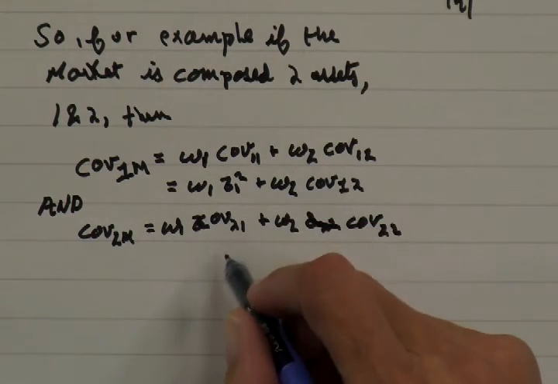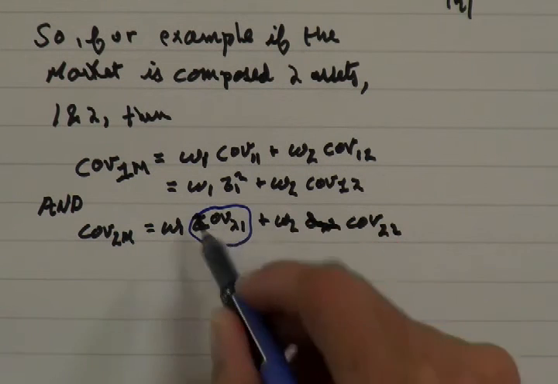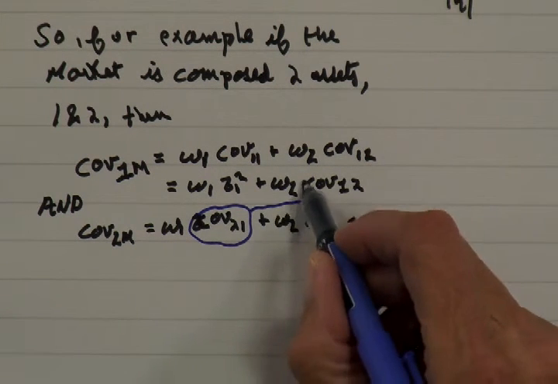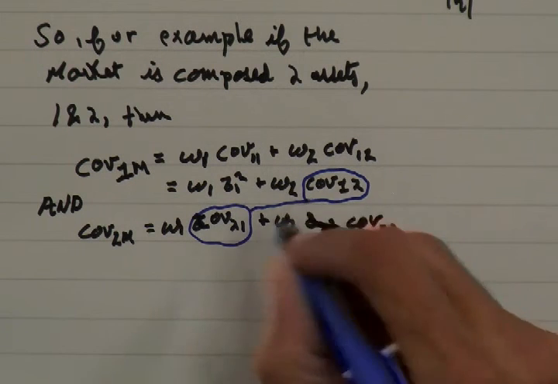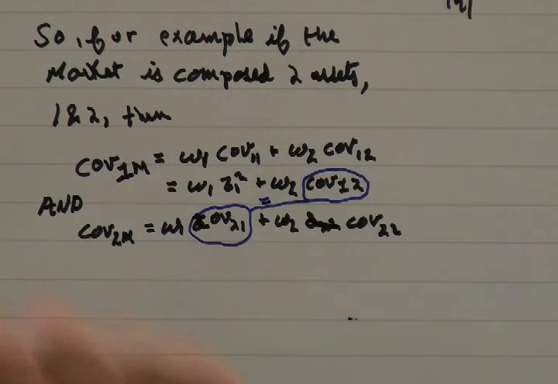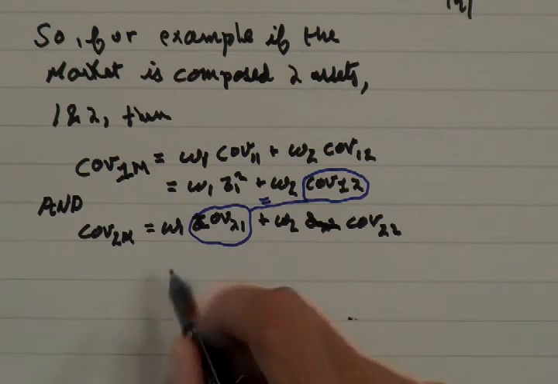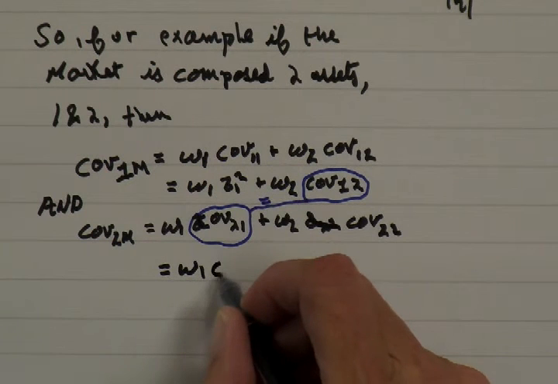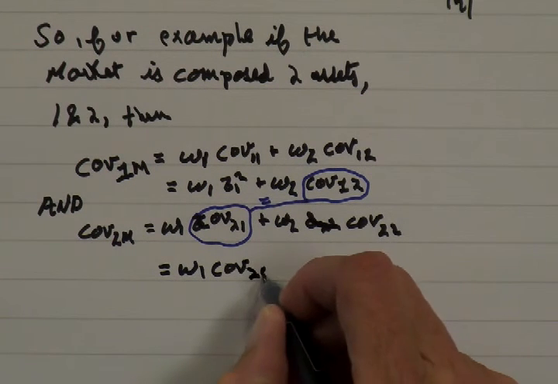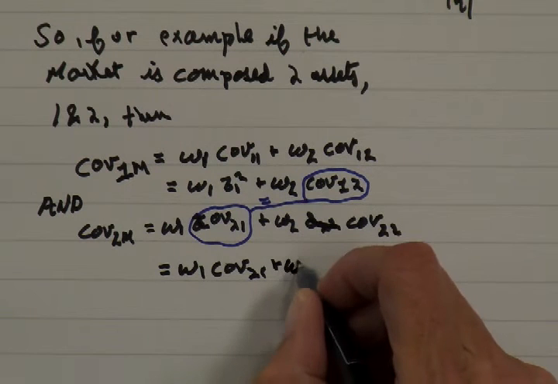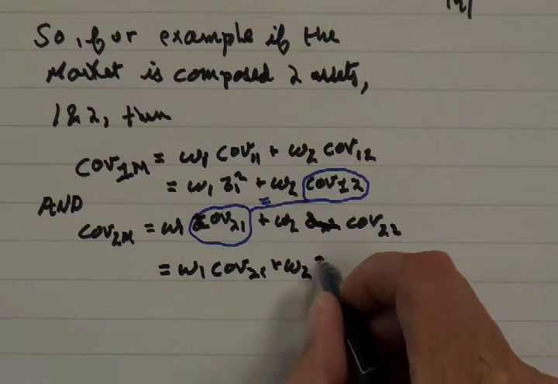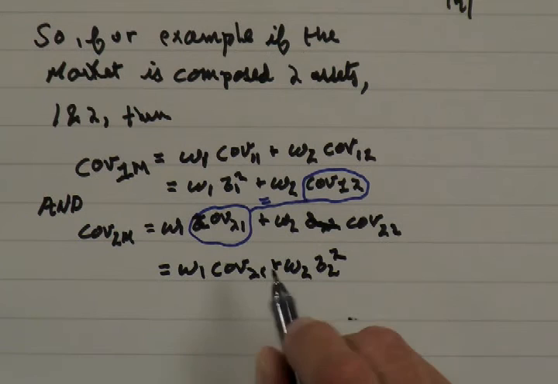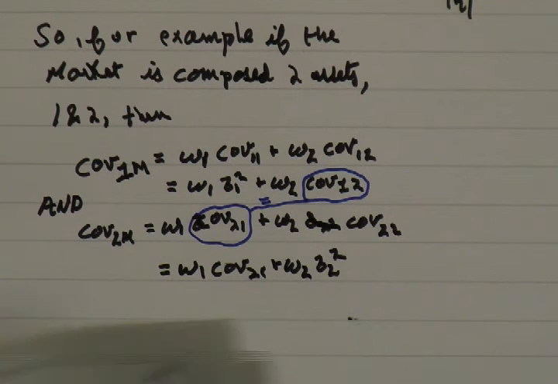We know that the covariance of 2 with 1 equals the covariance of 1 with 2. These two are equal. So this equals W1 covariance 2 with 1 plus W2 sigma 2 squared. Okay, so that's easy to calculate.